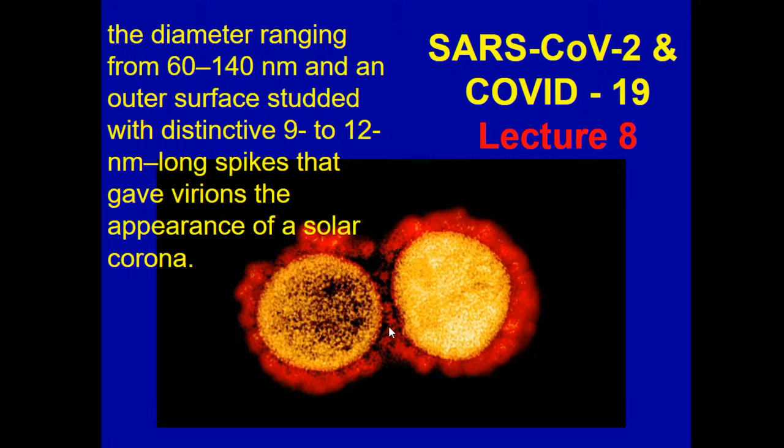This is a virus of middle size, with a diameter ranging from 60 to 140 nanometers, and the outer surface is studded with distinctive 9 to 12 nanometer long spikes. They give the virion the appearance of the solar corona or solar crown, not a king's crown, but a solar crown. So this appearance under the microscope gives rise to the name of this group of viruses.